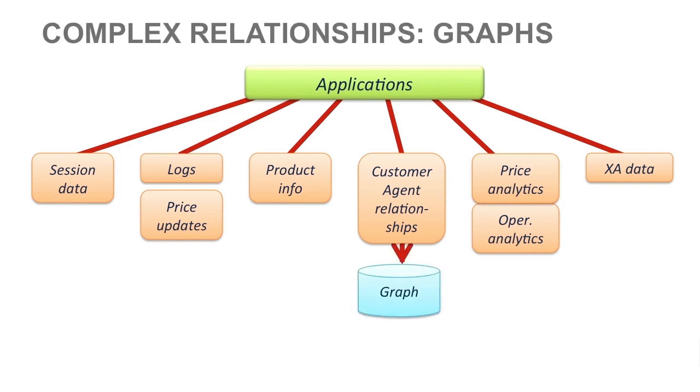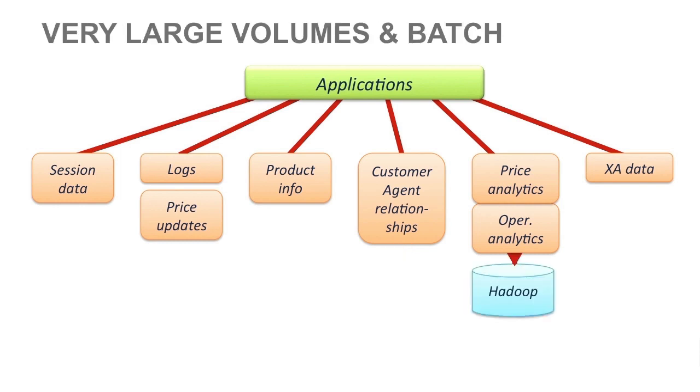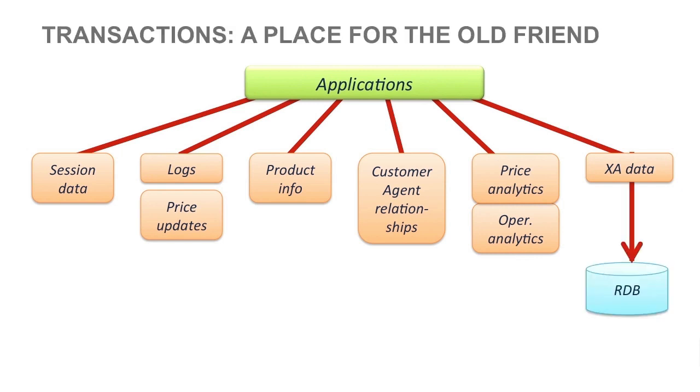Customer-agent relationships will benefit from being stored in a graph database where we can explore the relationships between different parts. Dealing with large volumes of data, as in price and operational analytics, can be achieved with Hadoop and conventional MapReduce and batch jobs. And finally, for the transactional data, we have a place for our old friend, the relational database.